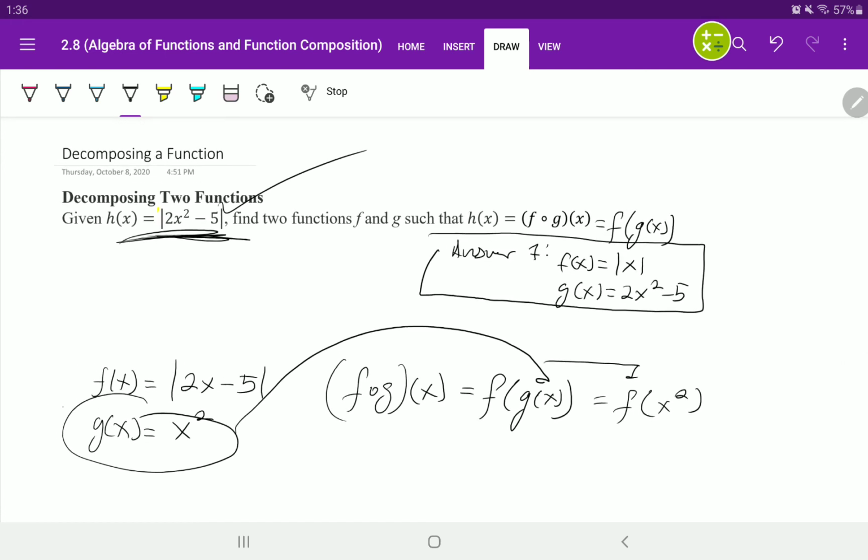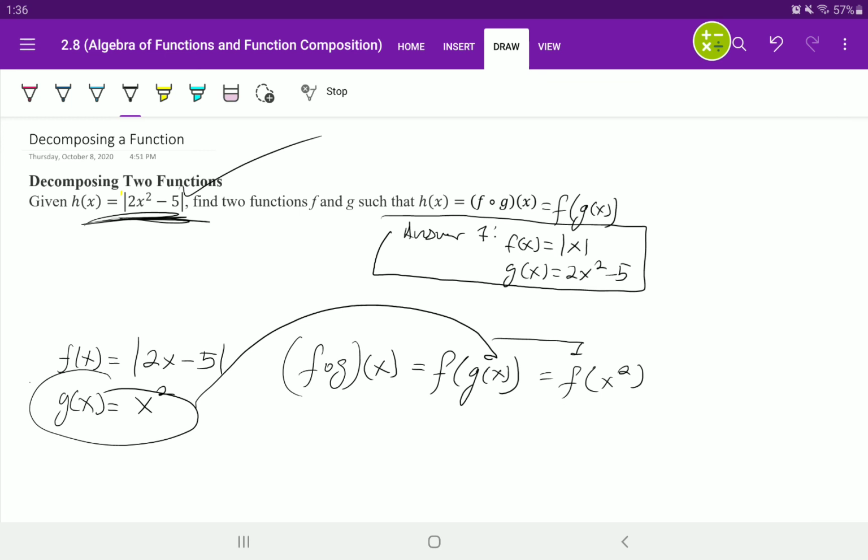Now, wherever I see an x in my f function, I'm going to place x squared. So you have the absolute value of 2, open parentheses, and I put a minus 5 here, and inside there, I can put in x squared. And when I simplify that further, we have the absolute value of 2x squared minus 5. That equals h of x. So therefore, yes, that is correct.